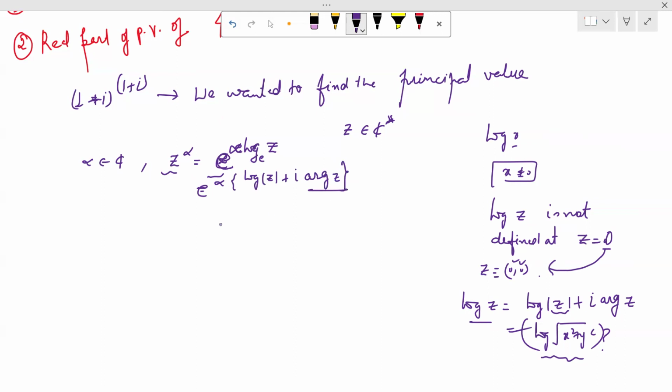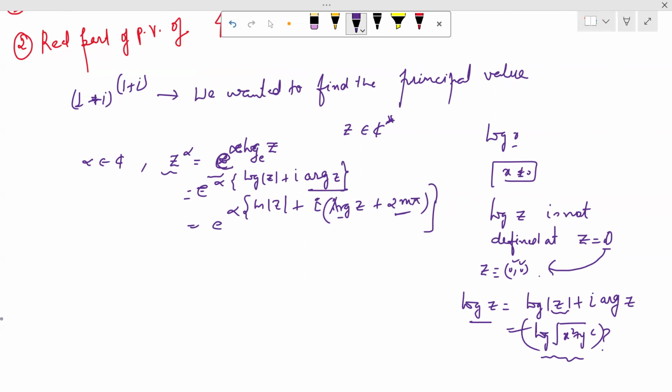I've already established that the argument of z in general can also be expressed in terms of the principal value, and in order to generalize it, you can add multiples of 2 pi, because of the periodicity of the trigonometric function. So this is how you do it.